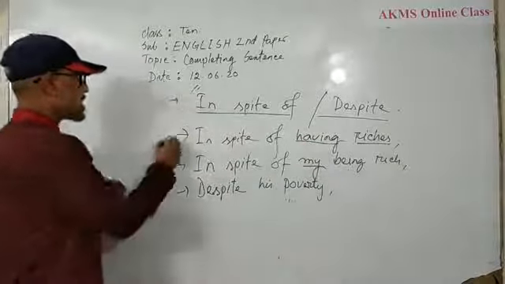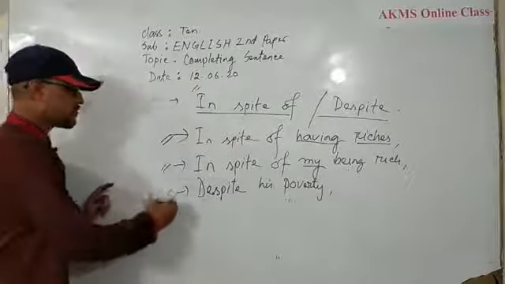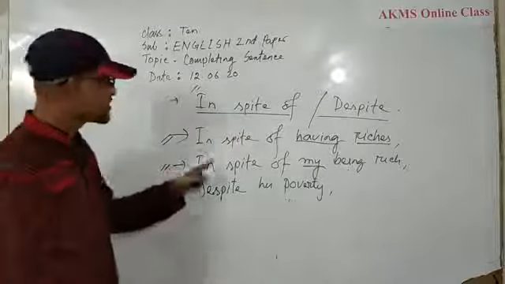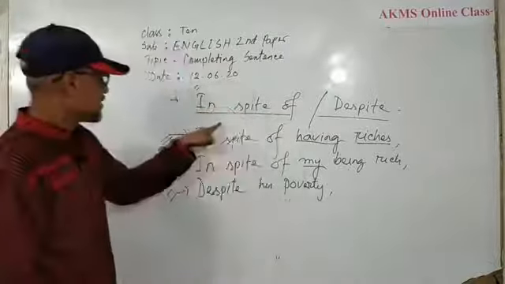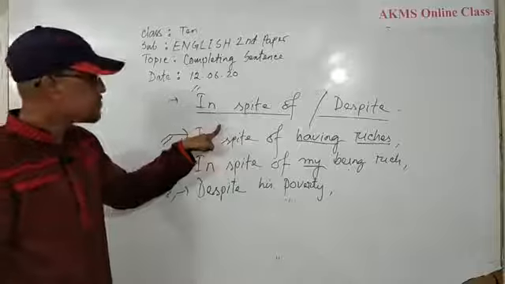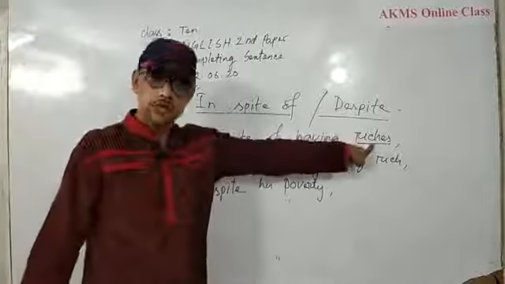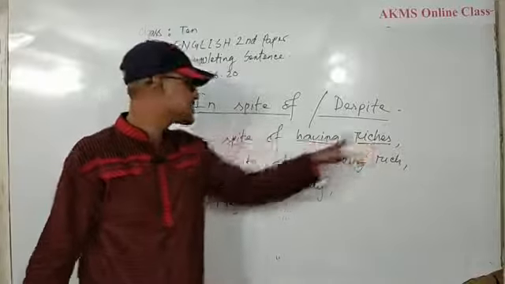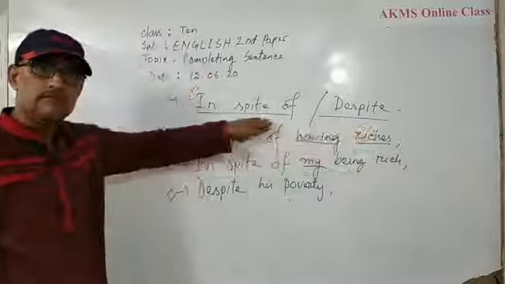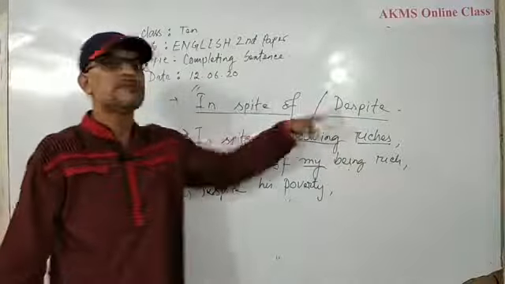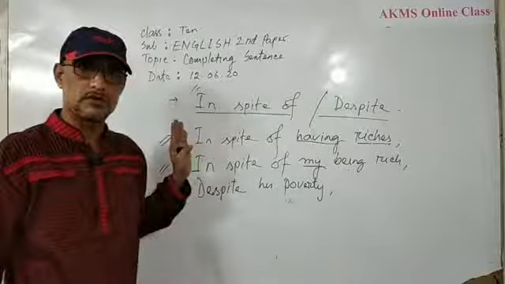Now, you should understand the meaning of the given part. What is the meaning? In spite of having riches. The meaning is সত্ত্বেও. You know the meaning of riches? Having is in affirmative form. I think it is the affirmative quality of a person.